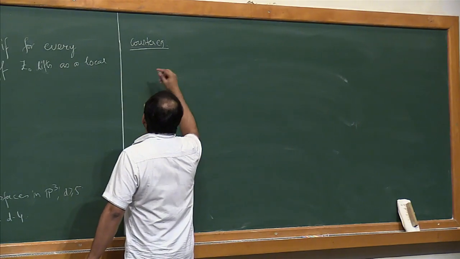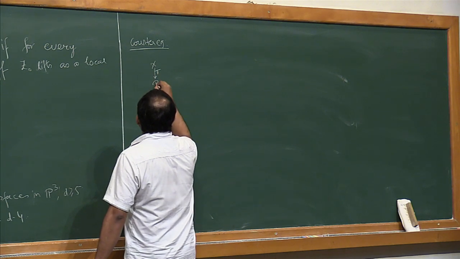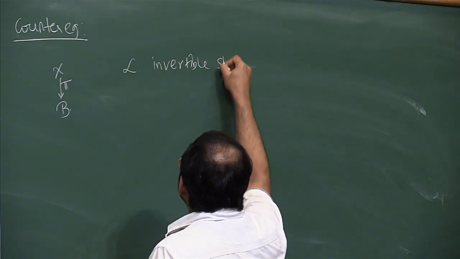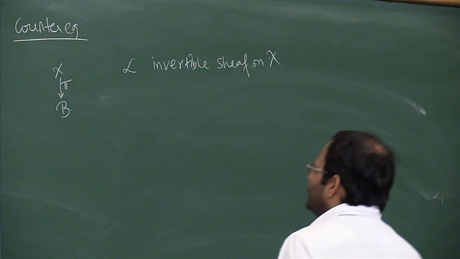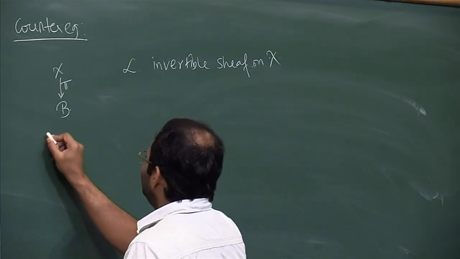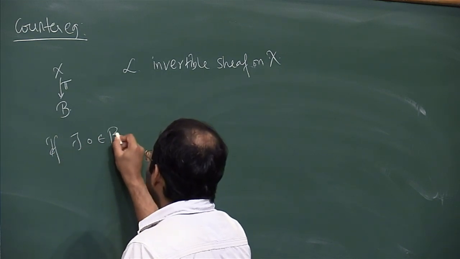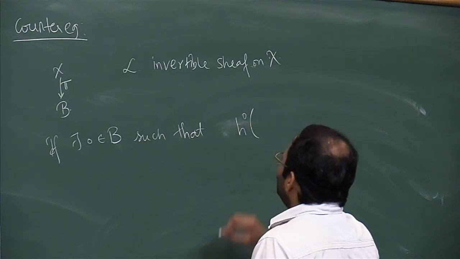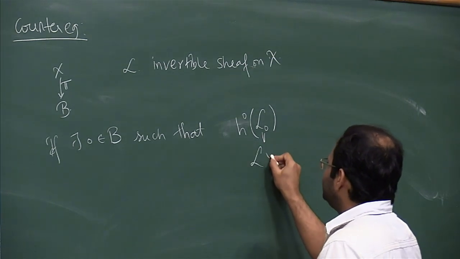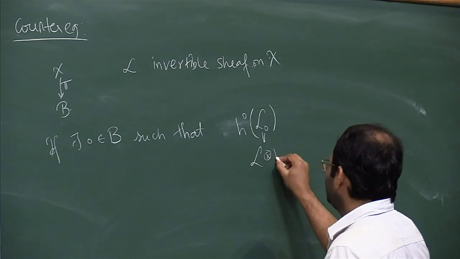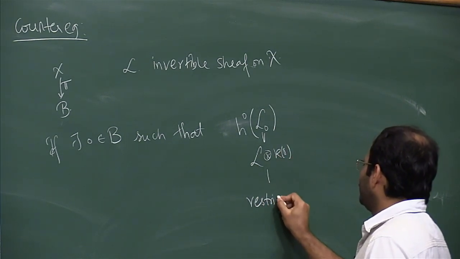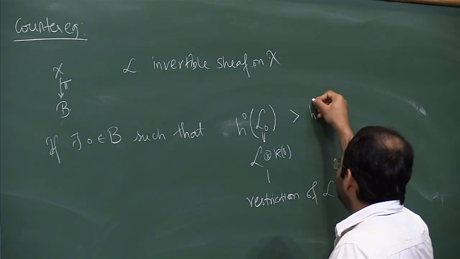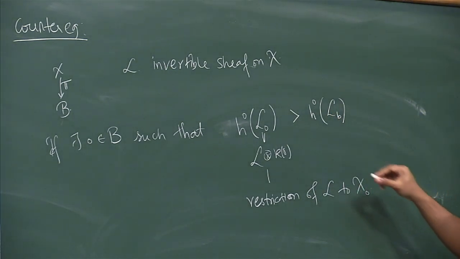So a typical counterexample will be like, if you have a family as before, and you take L, a line bundle on here, and now suppose there exists a point in B such that the dimension of H0 of the restriction of this line bundle on the fiber over 0 is strictly greater than H0 of L_b. Similarly, this thing is equal to.